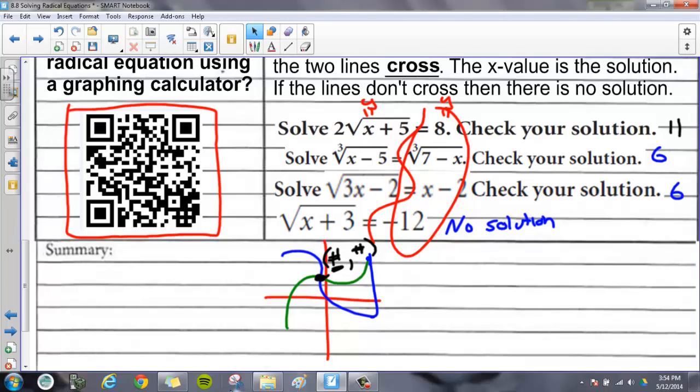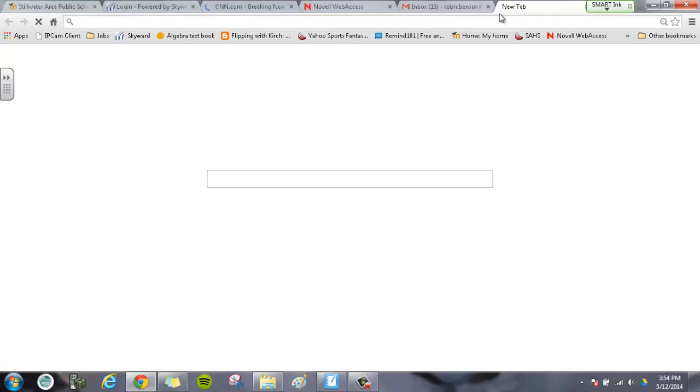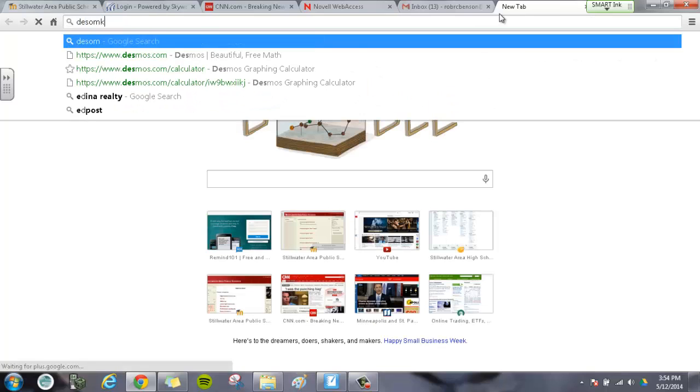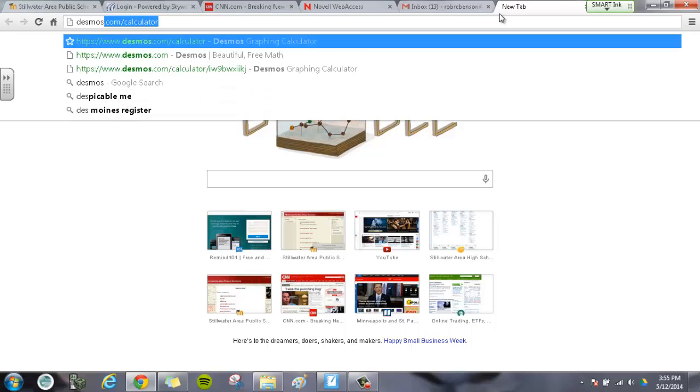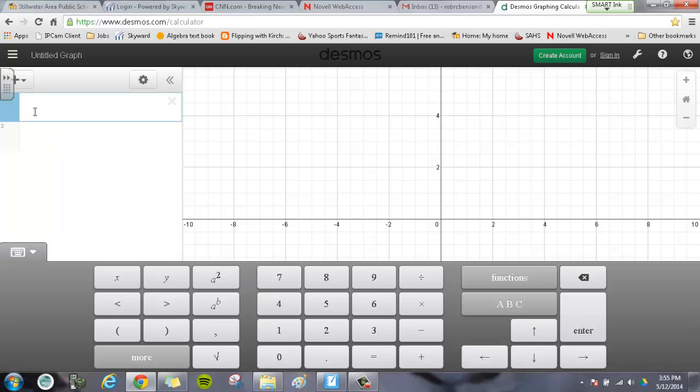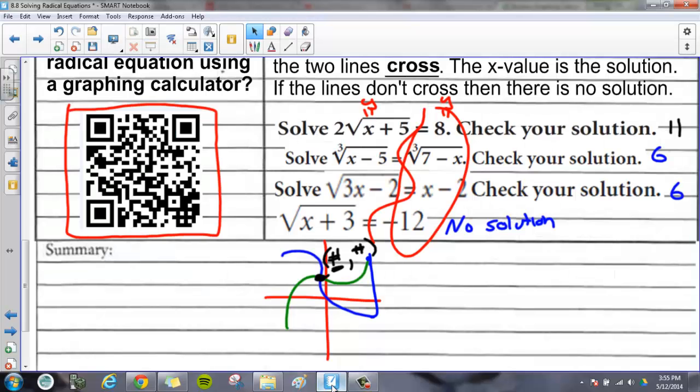So let's just show you how this works on Desmos quick. First, you should be prepared and have Desmos open. And I'm sorry I'm not prepared about that. So good thing I can type decently fast. Desmos. But I can't be accurate. Desmos. There we go. And then when you get in Desmos, we're going to start with our y equals, and then we go back to this, and we're going to put in the 2 square root of x plus 5.